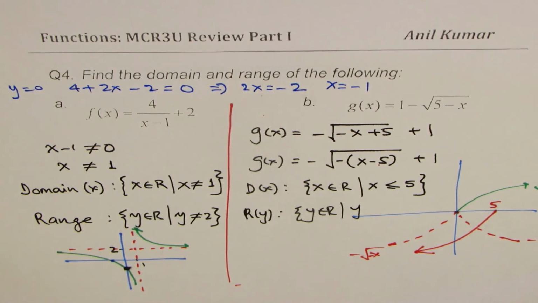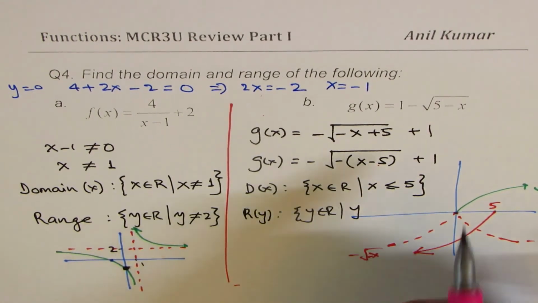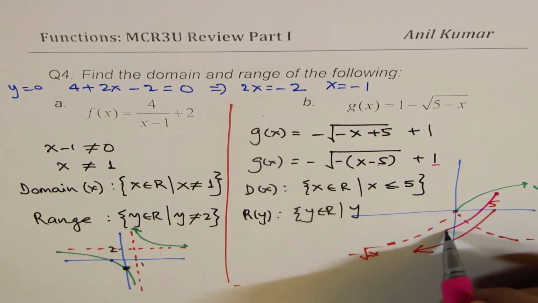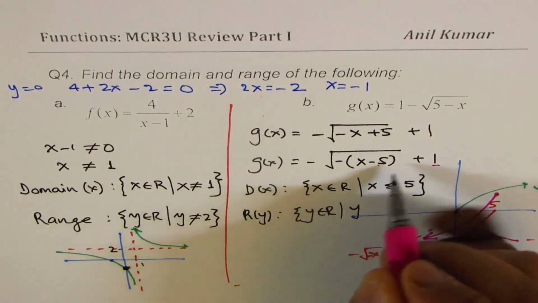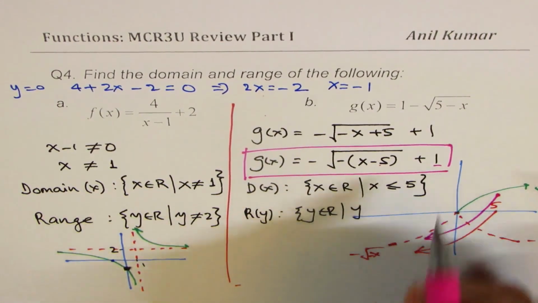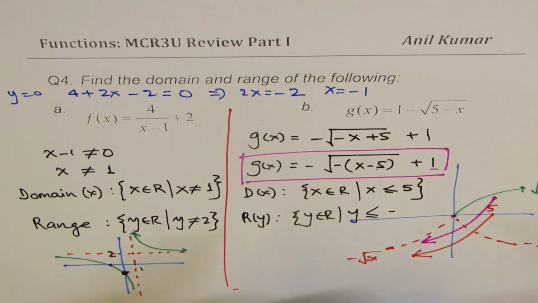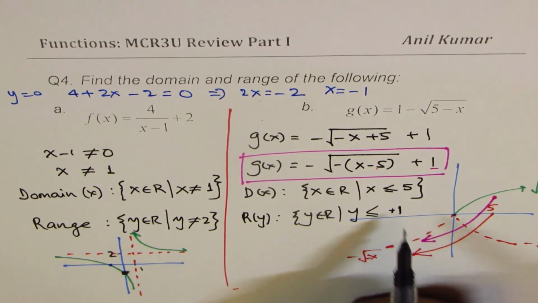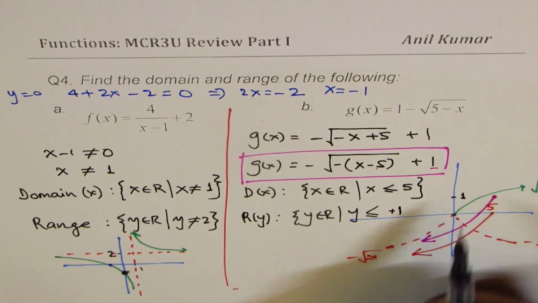And let me draw the final structure. This one, right? So when you take this one, it has to move 1 unit up, and then it is kind of like this. So that is the final function as sketched, right? So you get range as y less than or equal to 1, right? So this is 1 for you.